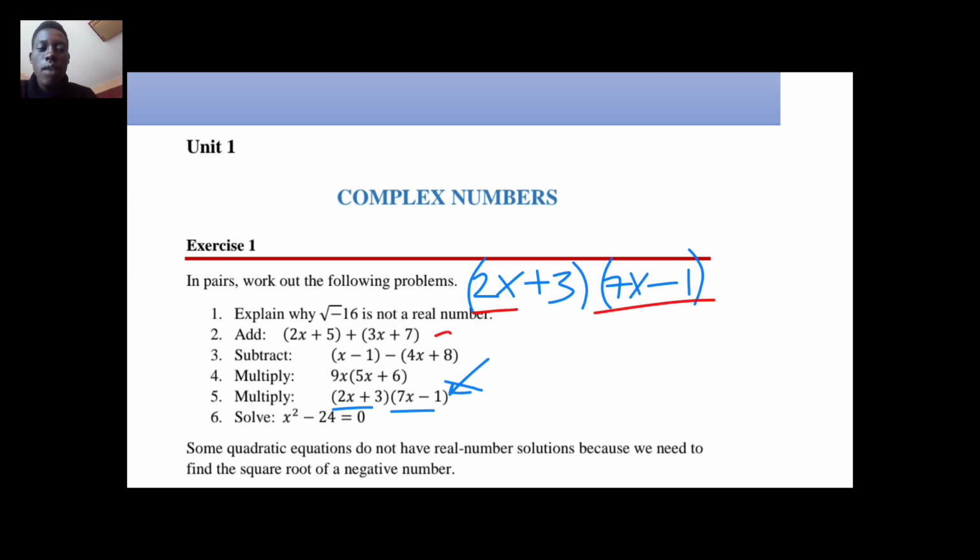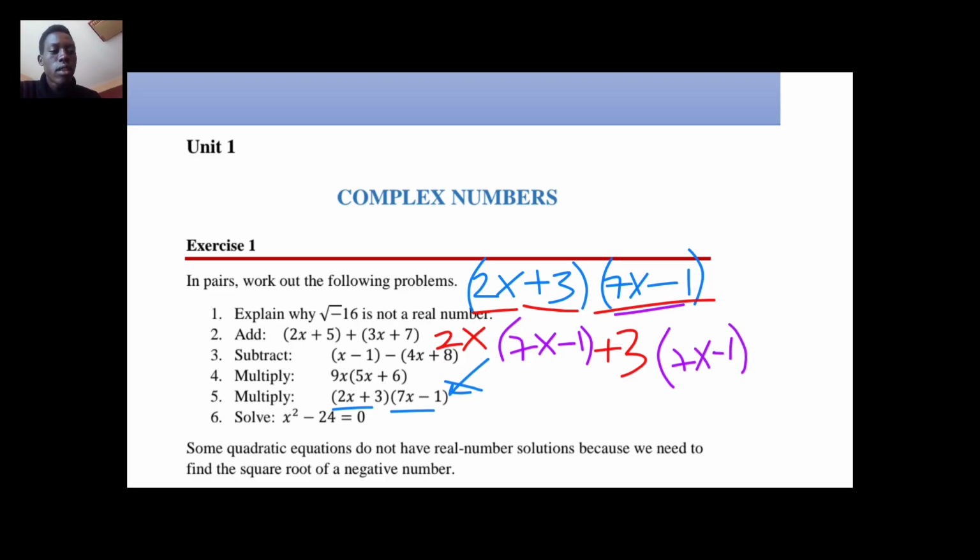So here you are going to have 2x times the other bracket, which is 7x minus 1. Then you take this number with its sign, plus 3, times the second bracket, 7x minus 1. So that is how you multiply the two equations.